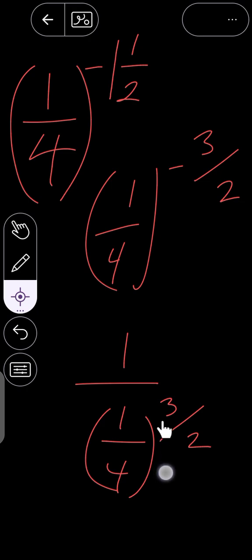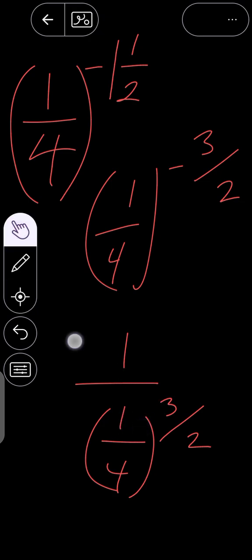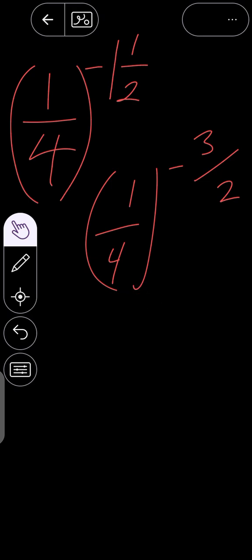Instead of doing your work like this, you're still going to get the answer, but it might be too stressful and waste your time. So another way that I'm going to teach you is to use these negative signs to interchange the base.